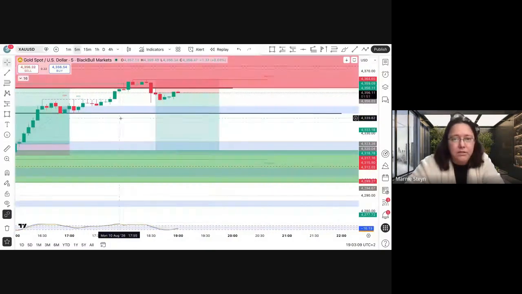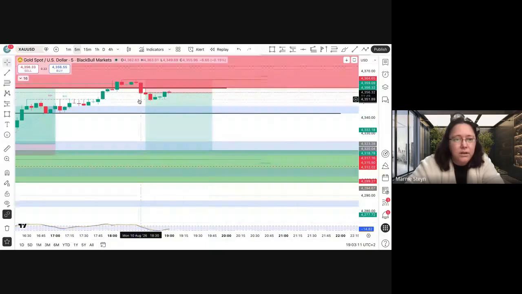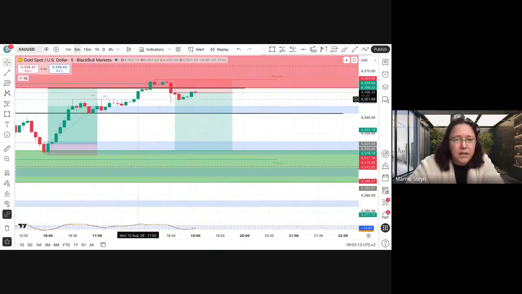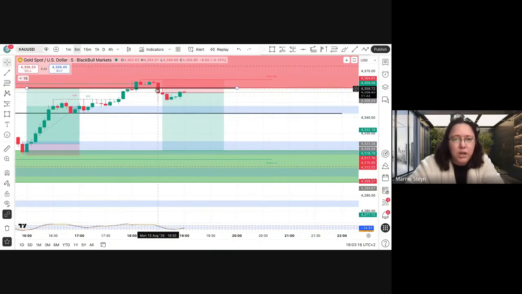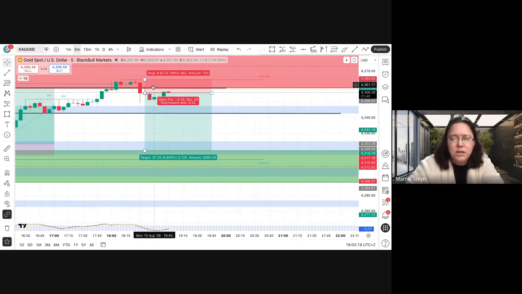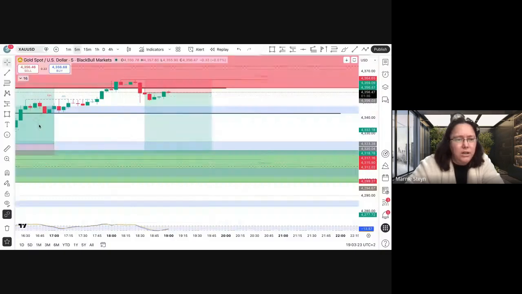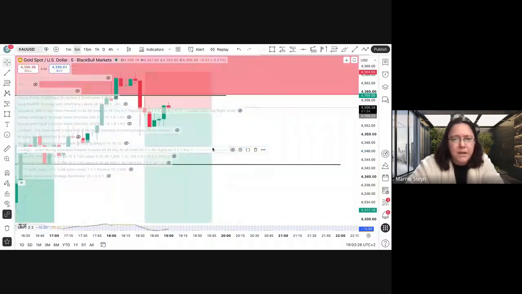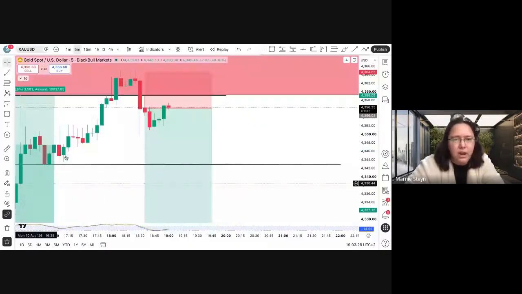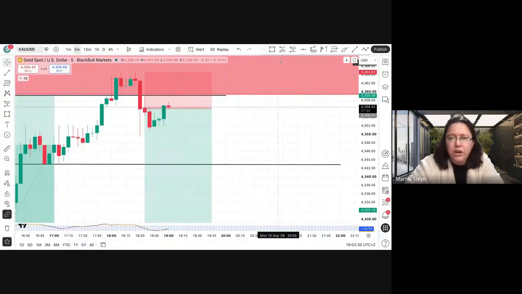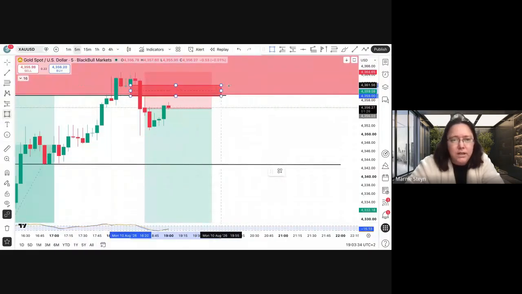And then you can see right here, if I'm not mistaken, it's not actually showing it, which I think is because we haven't really filled it. I don't know why it's not showing it. You still have your major areas here, right? But now I just want to switch this off because it's not really showing it here. So you can see right here on this big red candle, we have an FVG. You see right there, there is a bearish FVG.